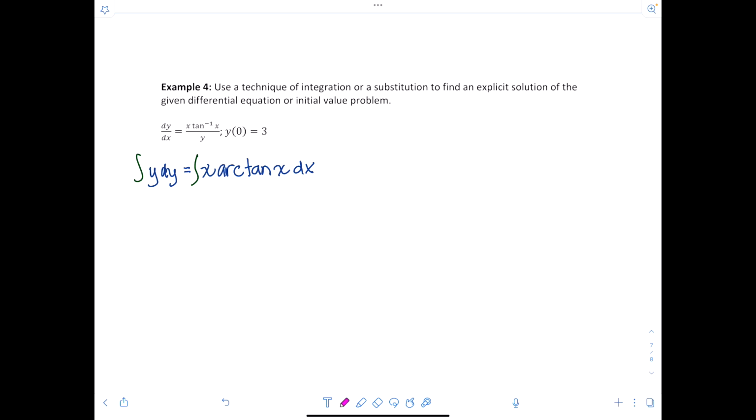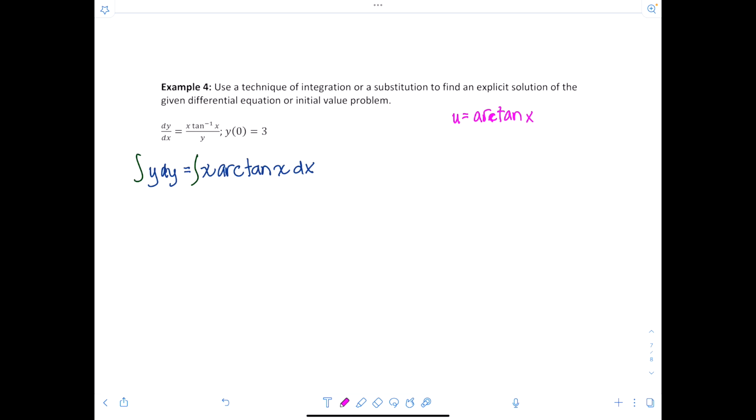Here we go. We're going to let u equal arc tangent at x. And it's kind of quote-unquote easy because the arc tangent at x doesn't have an antiderivative that is easy, right? It's not one of your basic antiderivatives.